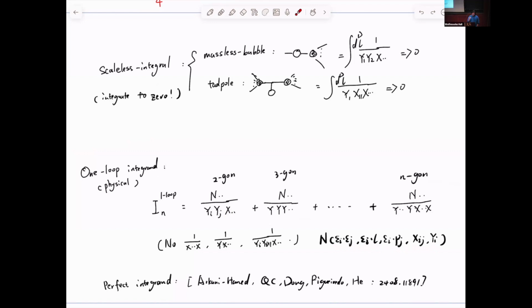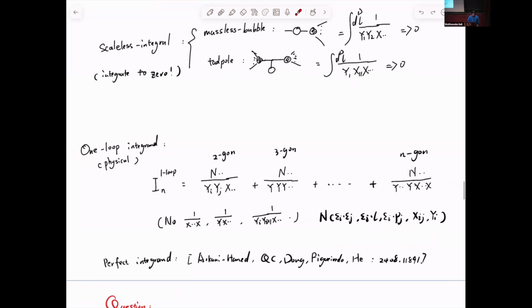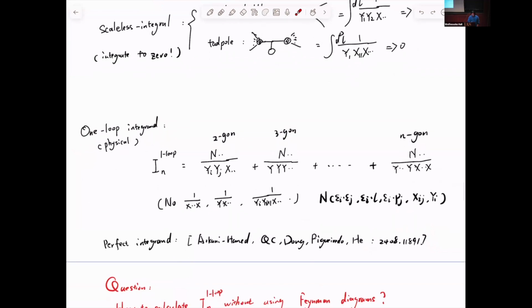Still the question is how to calculate those integrands without using Feynman diagrams. If you are more interested in the perfect integrand associated with the surface and scaffolding stories, you can see our recent paper.